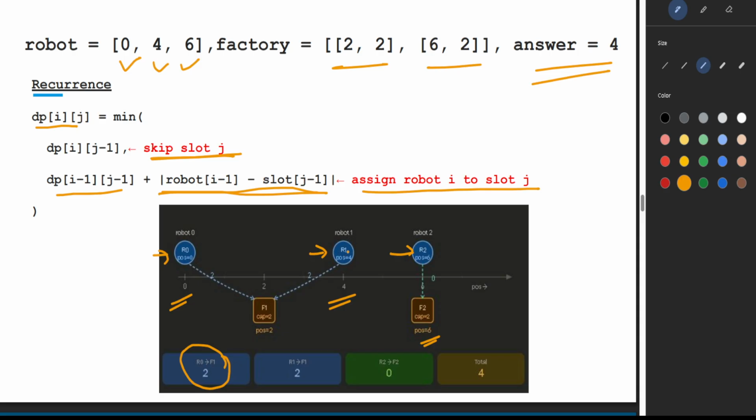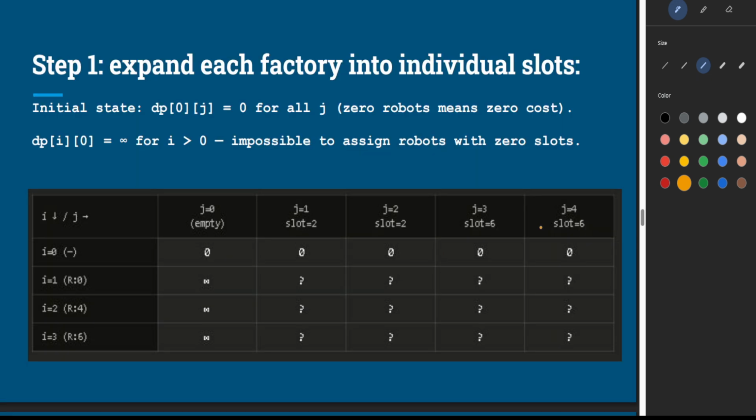Then R1 goes to factory F1, meaning robot at 0 and robot R1 both go to a position here, and this value is 2. Both are calculated, but R2 doesn't go anywhere, it stays at the same place, and the total is 4, because 2 plus 2 is 4 distance calculated.